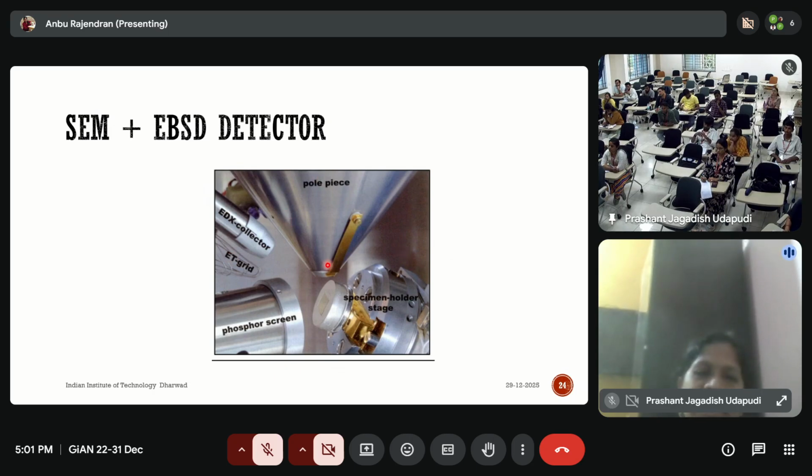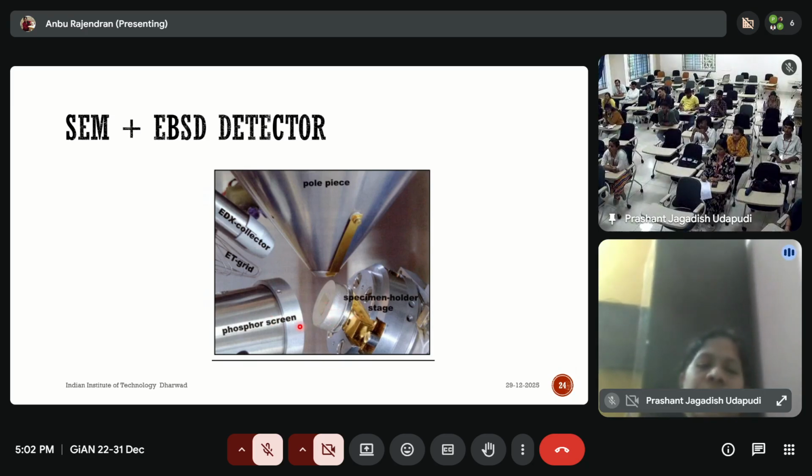This is the pole piece, on top of which the electron source will be. From the source the electron will come and fall here. Generally secondary electron detectors come as an attachment with this. The BSE detector also comes either from the back or top depending upon the make. This is the EDS detector, this is the EBSD detector, and this is the sample stage.